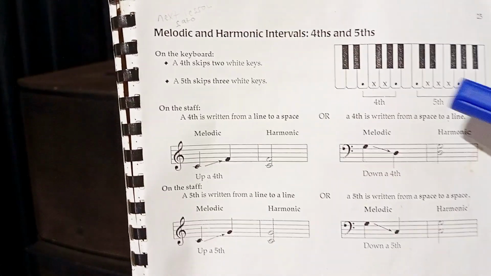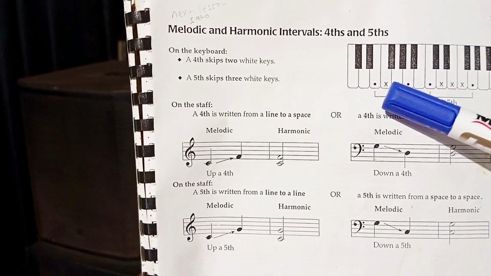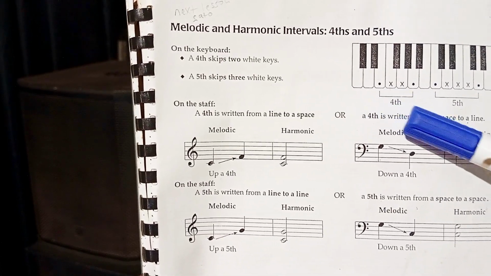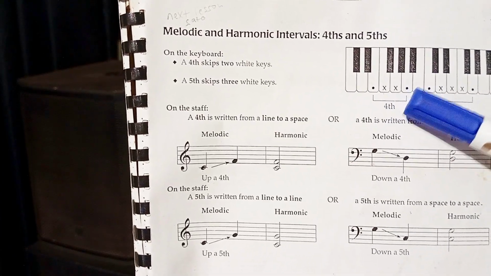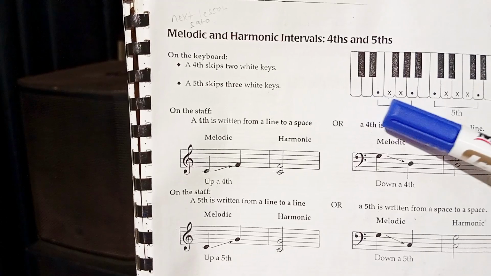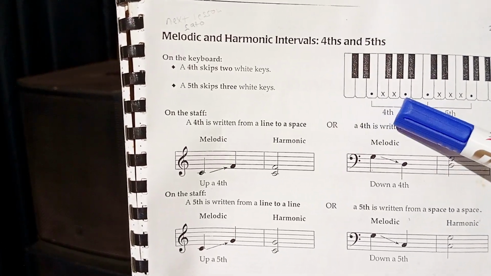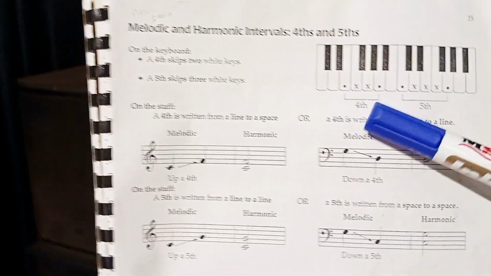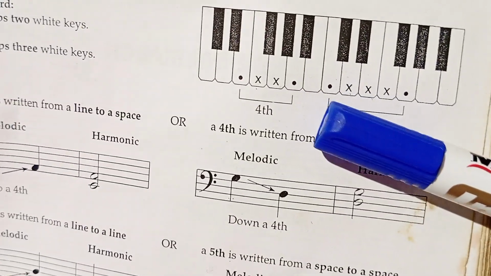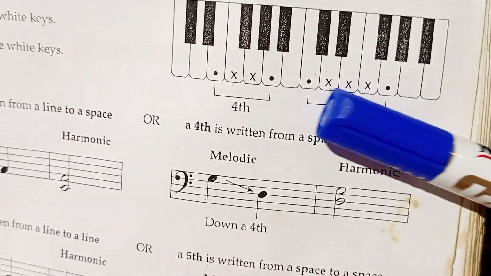So if you begin at E, you skip F and G, and then you arrive at A, which is the fourth interval. So the 4 of E is A, and we are skipping F and G. Then from C to G, that is our fifth interval, so we are skipping D, E, and F.